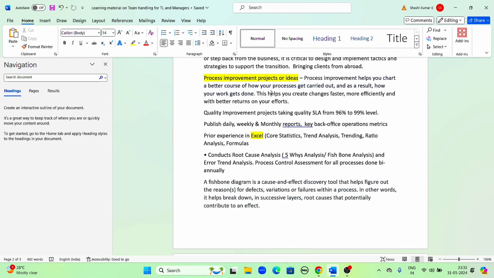Because if each case takes 20 minutes, and you are able to help the process complete the case in 10 minutes, it saves a lot of time. So that's all about process improvement ideas.